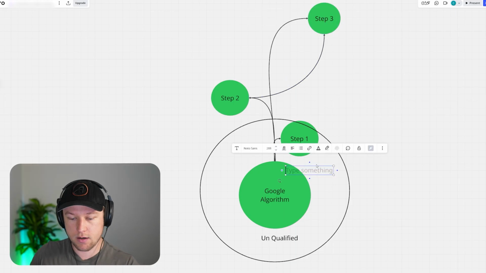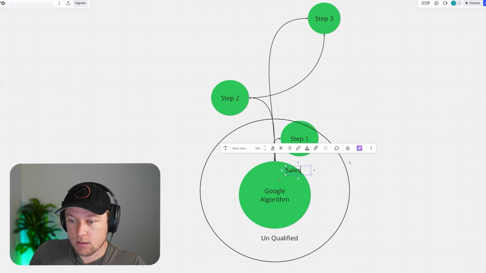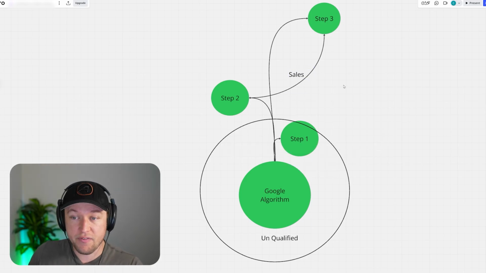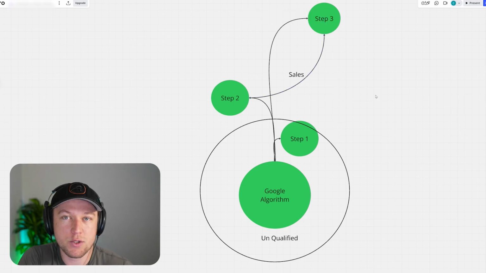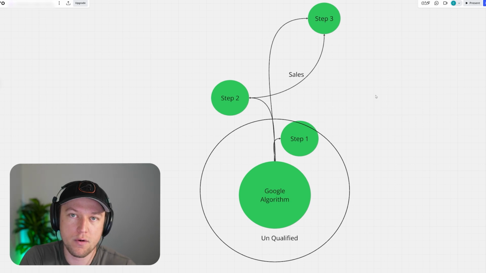So this is an area where I've seen a lot of businesses fail, and really this just illuminates a lot of the problems that need to be fixed first before ads should even be run in the first place. So what I mean by sales is I don't necessarily mean just the salesperson. I just mean the process of following up, contacting the lead, and making sure that you are top of mind and they're not going to go to a competitor in the meantime.